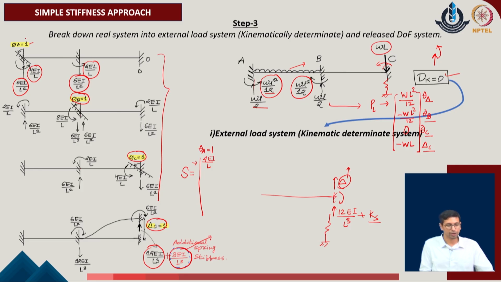In the same manner, corresponding to the same theta A equal to 1 unit, the force which is obtained in the direction of theta B is calculated, that is 2 EI upon L, and that becomes the second component of the stiffness coefficient in the given system.